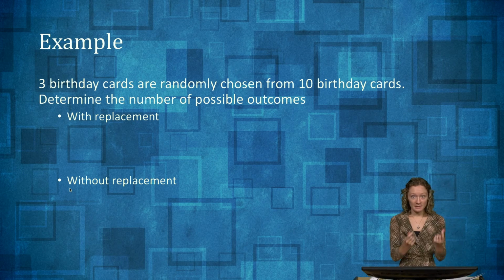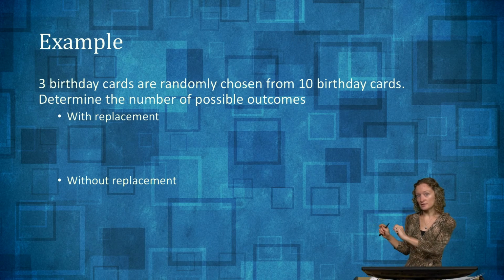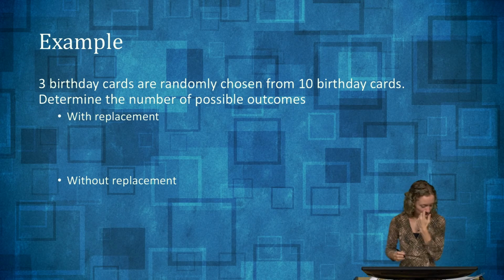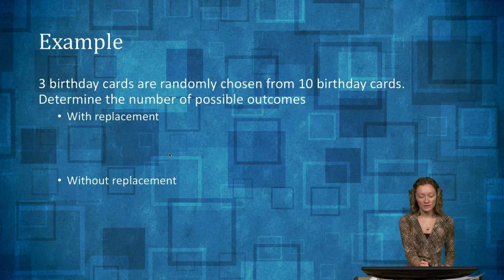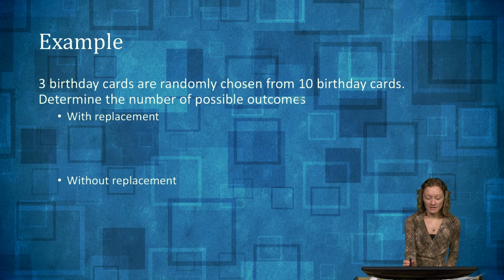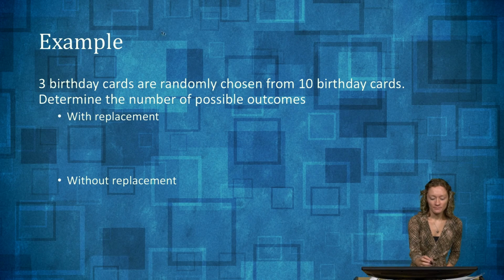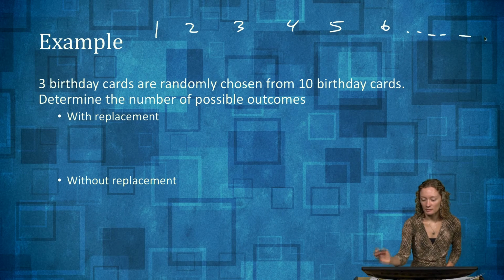With replacement means there are 10 different types of cards, but there's multiple of each card. So if you felt like one card was good for more than one friend, you could buy the same card with replacement. Let's use the counting principle, because you can imagine if we attempted to do the tree diagram here, your first selection, you're choosing randomly, you have 10 different choices. So card 1, 2, 3, 4, 5, 6, and so on.